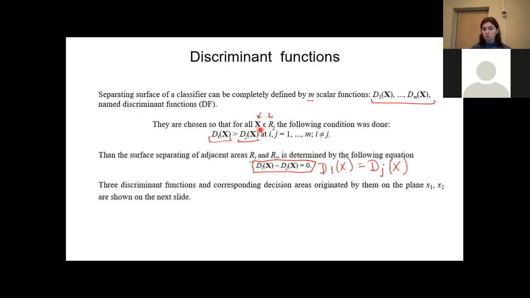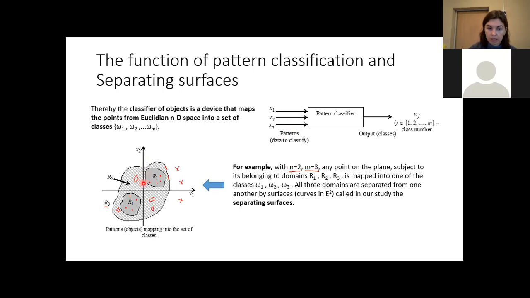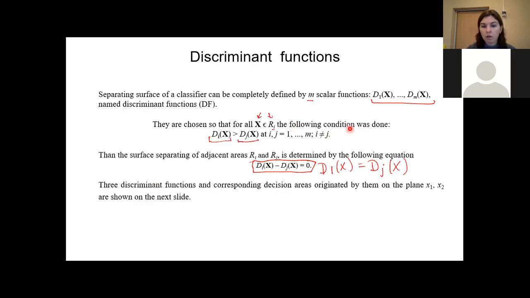For all objects from region R_i, so the region where all elements belong to the class i, the following condition holds. The discriminant function for an object from this class should be greater than all discriminant functions for this object from other classes.